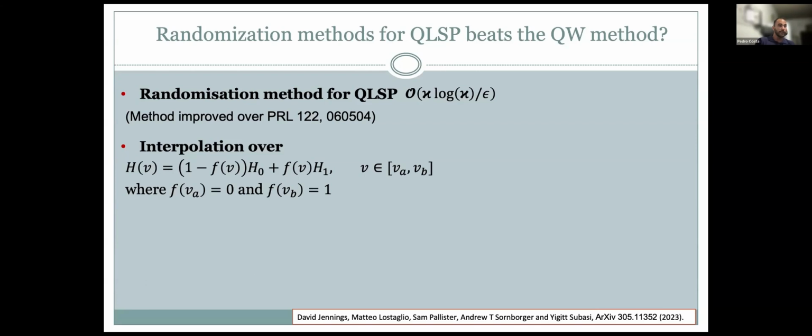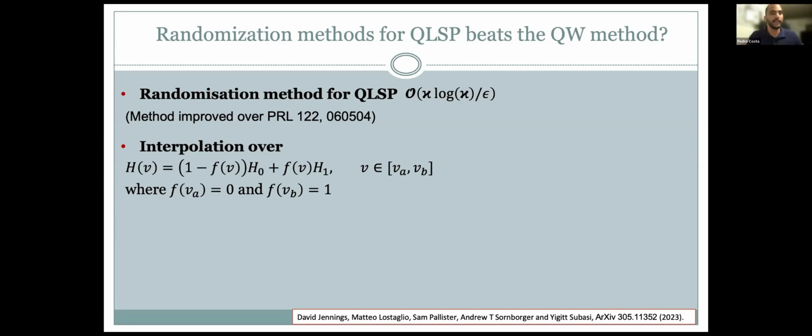But here you have to be careful because the parameter v of the time dependent Hamiltonian doesn't go between 0 and 1. Here you have to find VA and VB such that f(VA) equals 0 and f(VB) equals 1. And typically we want to find these parameters in terms of the condition number as well, how you choose it for the scheduling, etc.